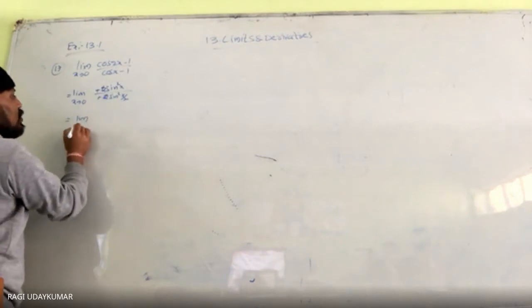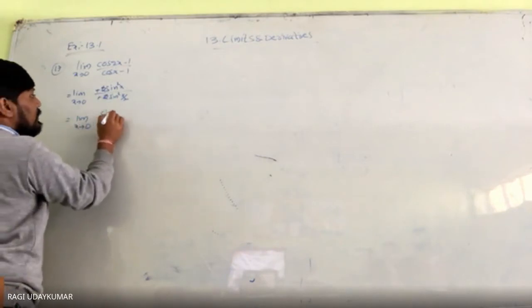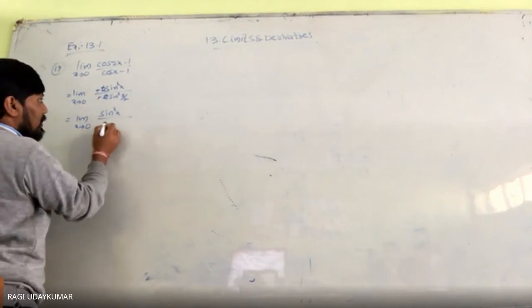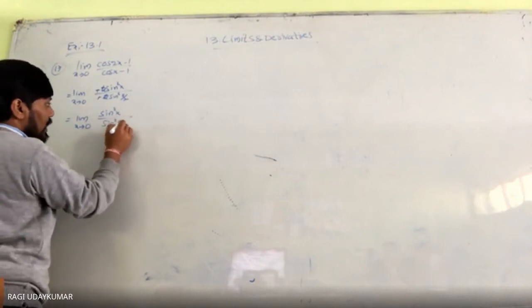So the limit as x tends to 0 of sin square x by sin square x by 2.